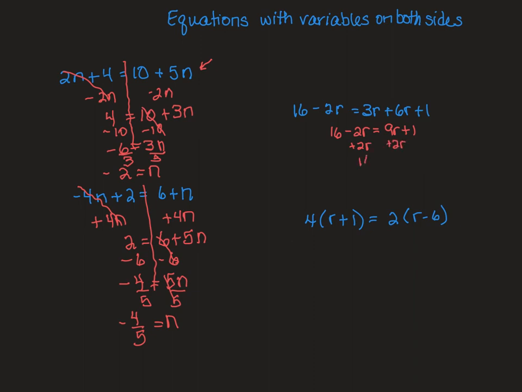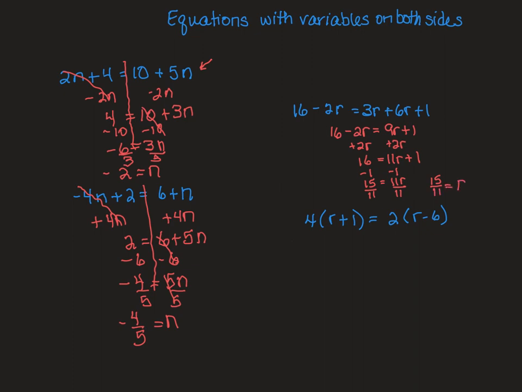And I'm going to have 16 equals 11r plus 1. I'm just checking to make sure I didn't make a mistake. Minus 1, minus 1. I have 15 equals 11r. I'm dividing by 11. Okay, and so 15 elevenths is the value for r.